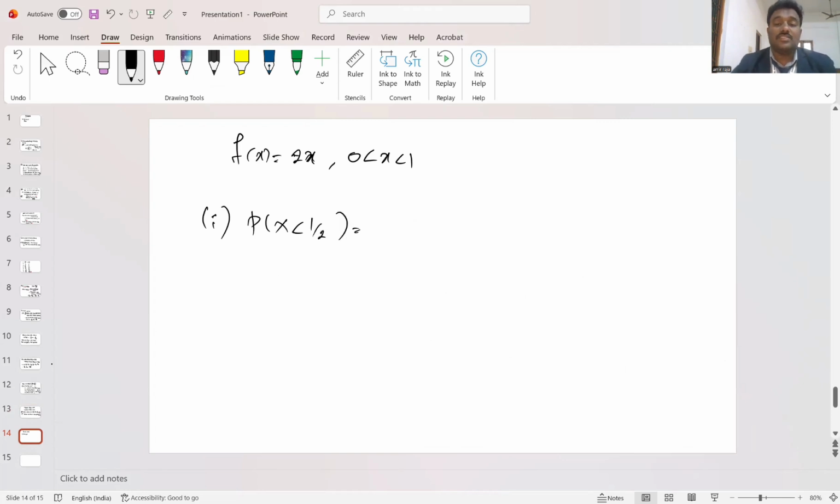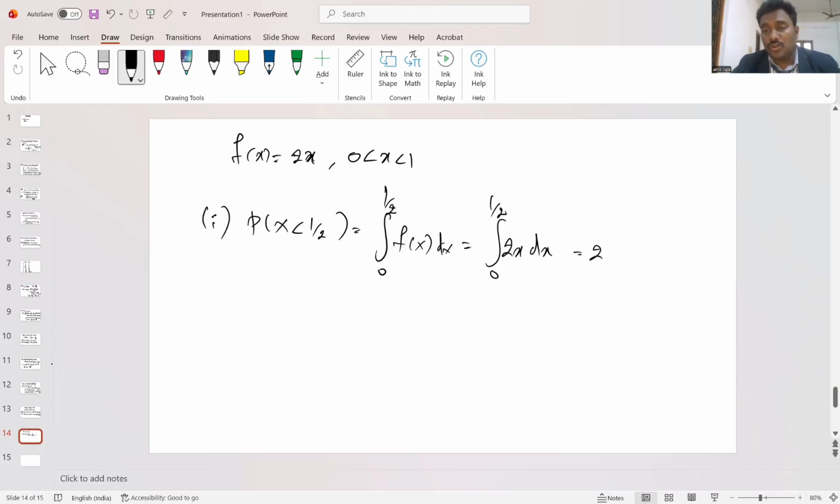So if it is x less than 1 by 2, we have to use the integral here, and the lower limit is 0, upper limit is 1 by 2, and f of x dx. So what is f of x? It is 2x dx from 0 to 1 by 2.